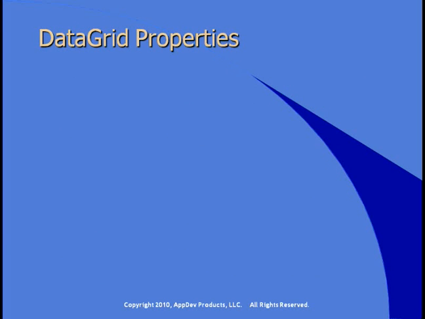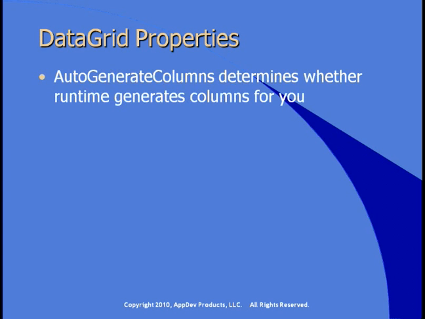The data grid has a number of properties you can use to control its behavior. The AutoGenerateColumns property determines whether or not you let the runtime generate columns for you. If you're using an object with 37 columns, you probably won't display them all.